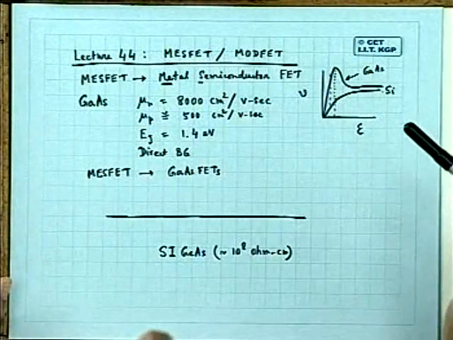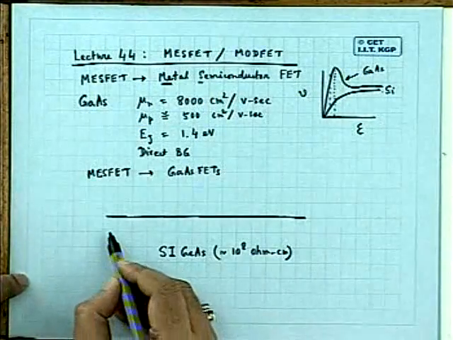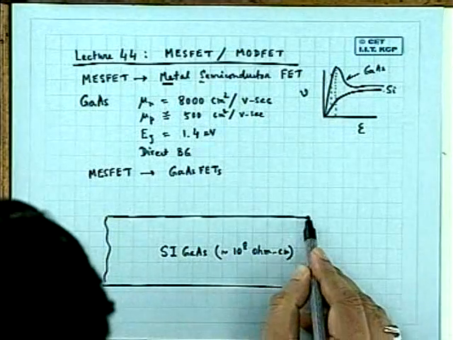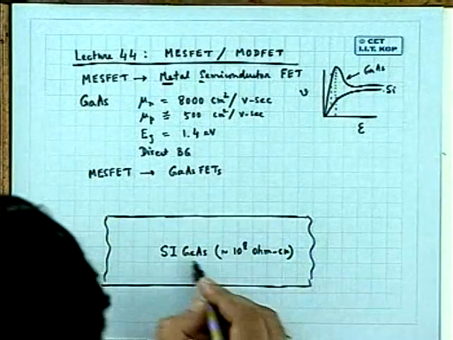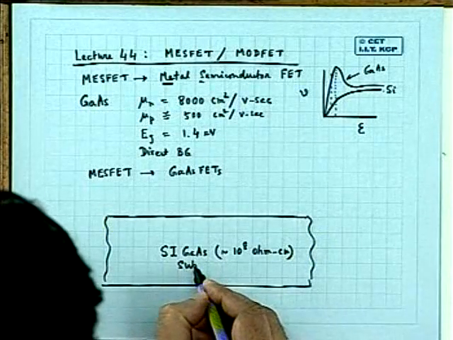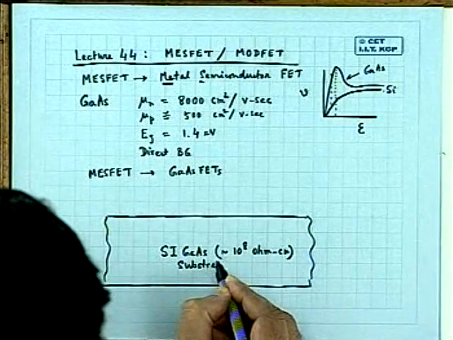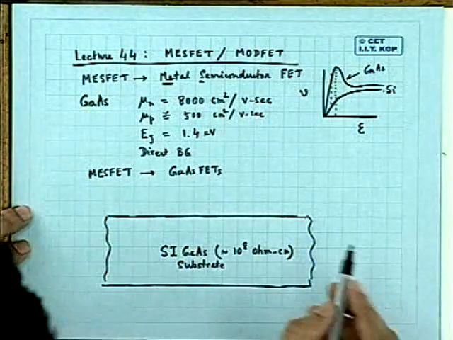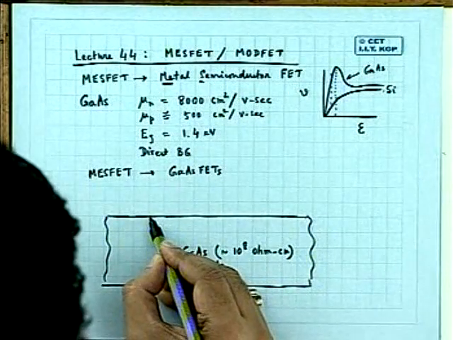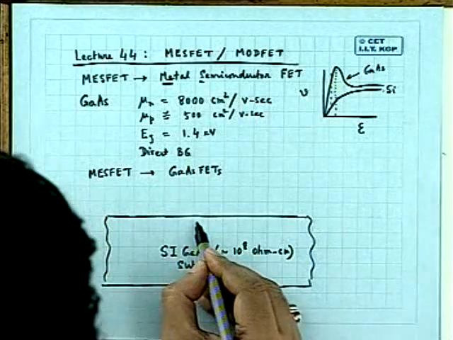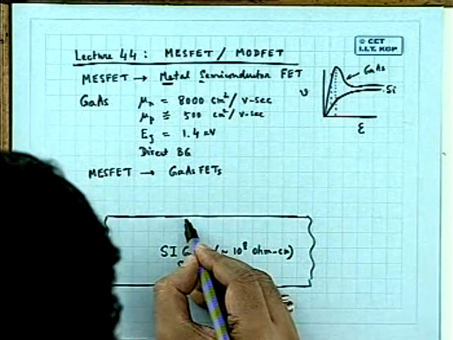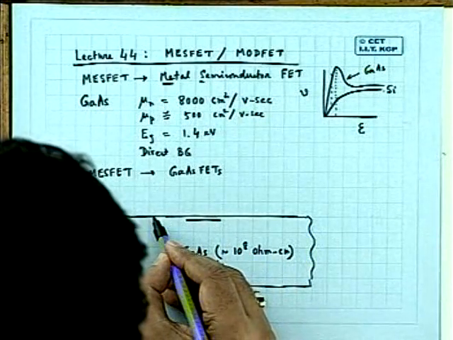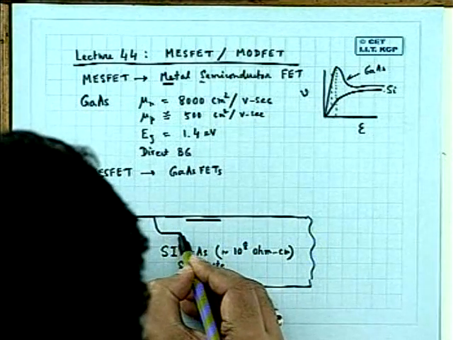This is an interesting thing. So if you start with a semi-insulating gallium arsenide substrate like this, then do the following. You implant; there is a channel region and there are source and drain regions.